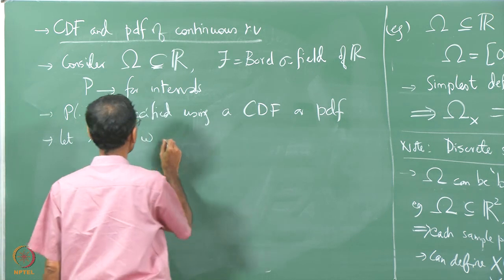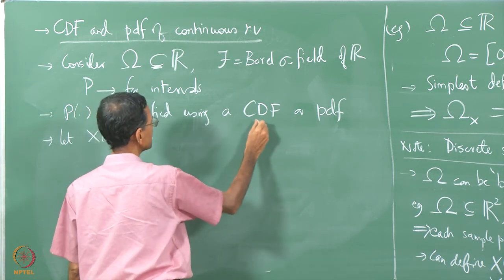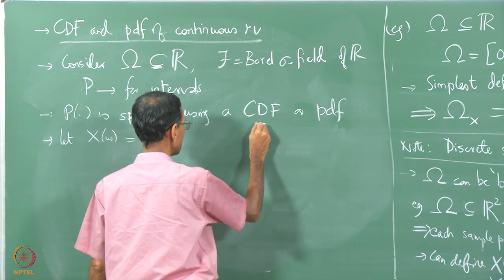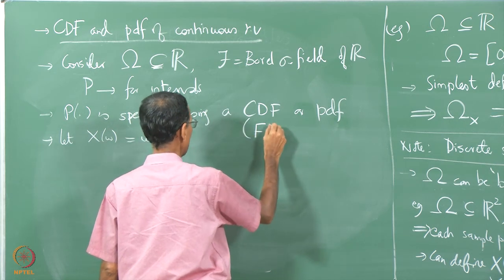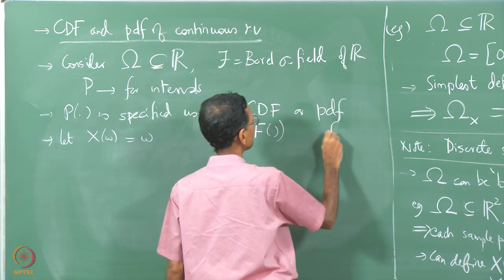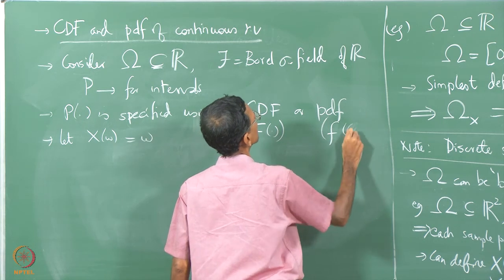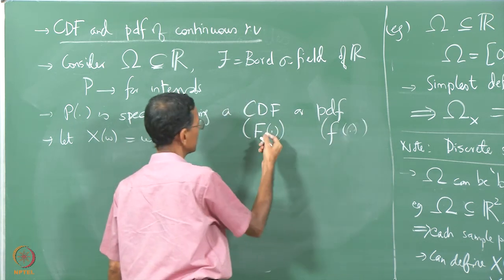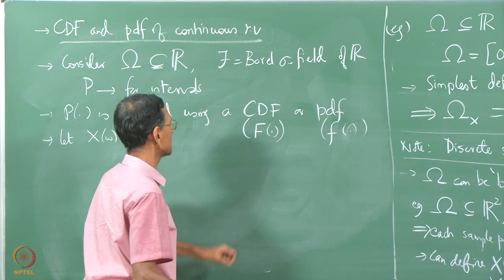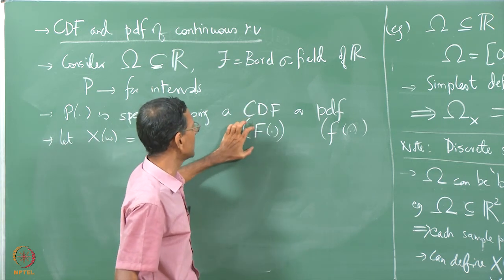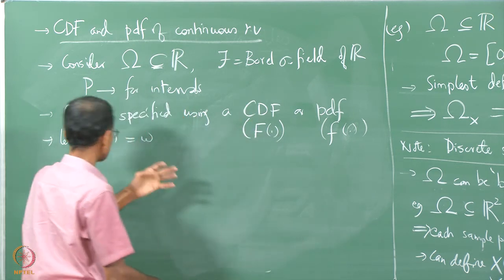I need to bring in the notation here for the CDF. We will denote the CDF in general with the script capital F and the PDF with the small f. These are functions, that is why I am not putting the name of an argument here. So the CDF is denoted by this capital F. So what is the CDF, right?